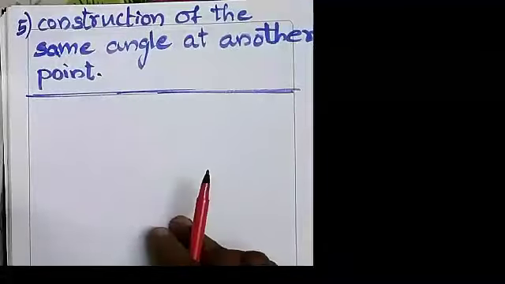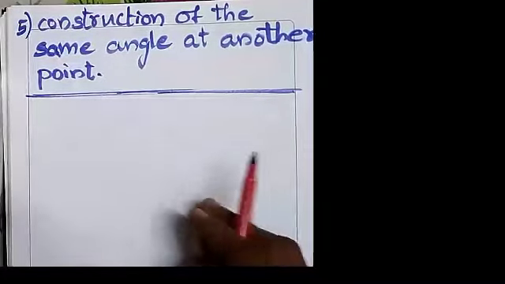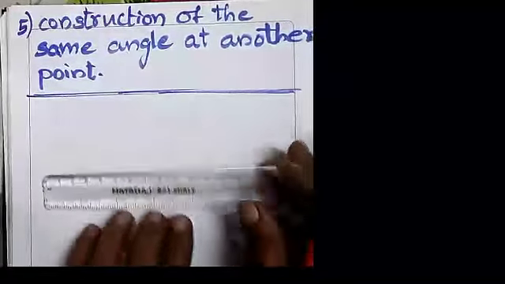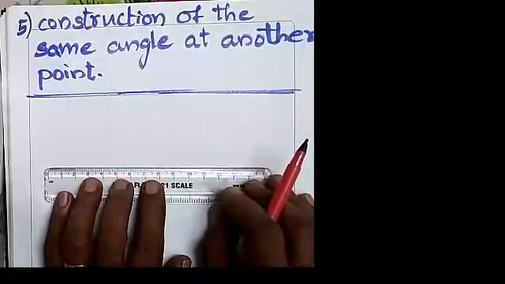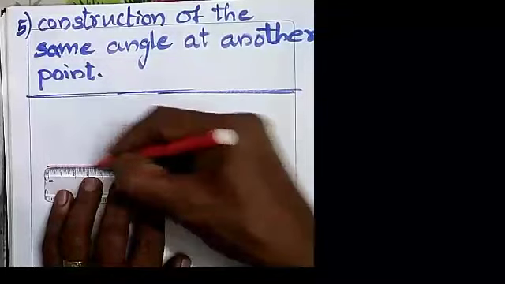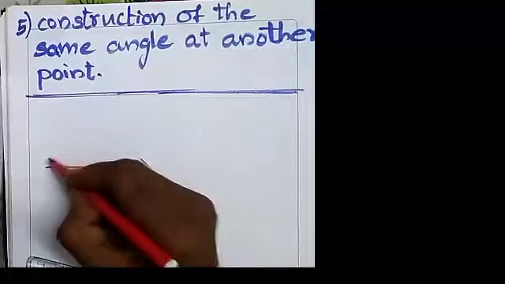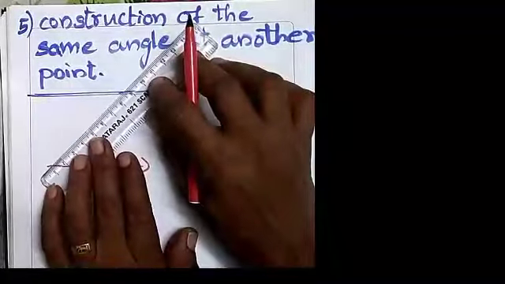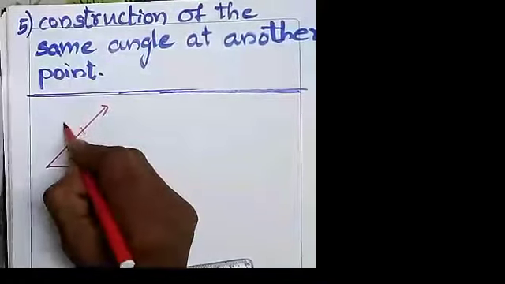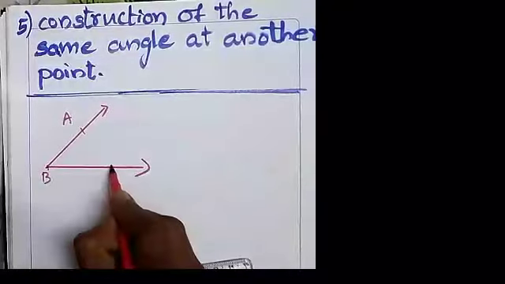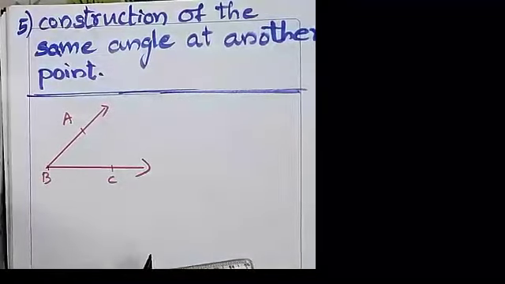Construction of the same angle at another point. Now we are going to construct the given angle at some other point. So one angle is given. For that you can select one angle. Okay, this angle is given. Suppose it is ABC. This angle ABC is given.